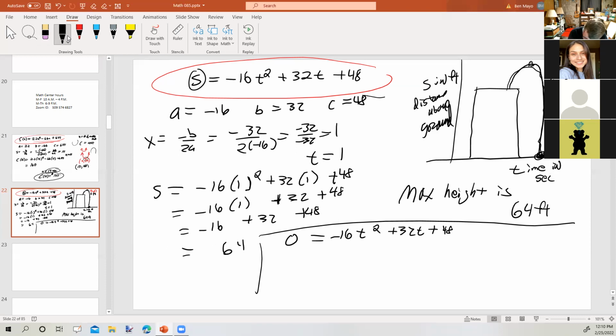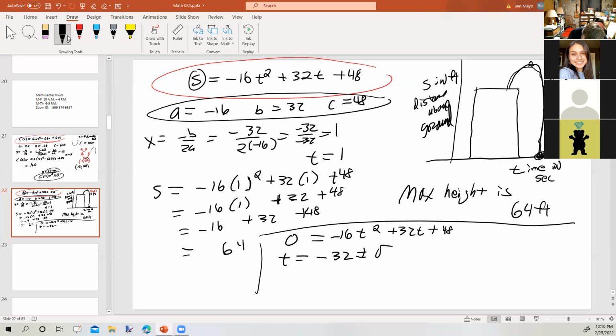We've already got our A, B, and C. So T equals -B plus or minus the square root of B squared minus 4AC all over 2A. I think I should go to the next page.